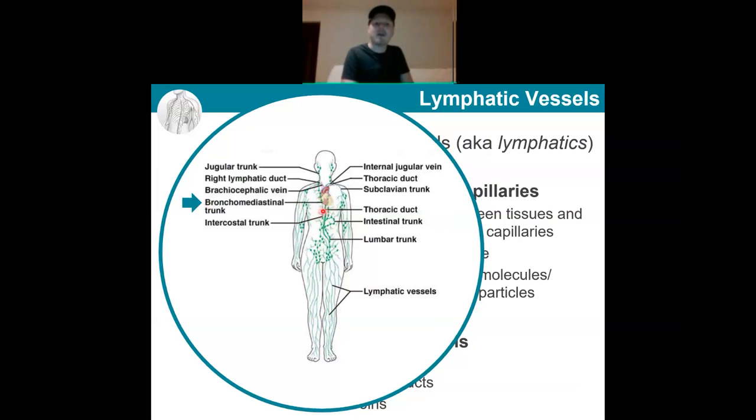That's where the bronchi and mediastinal area are in your chest cavity. We also have subclavian trunk that runs under, so subclavicle, runs under your collarbone. Jugular trunk, that's the one at the neck that drains the lymph from there.